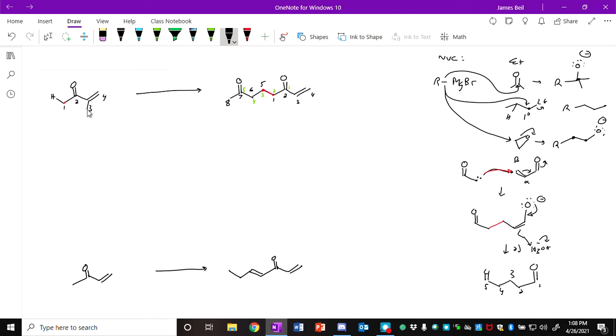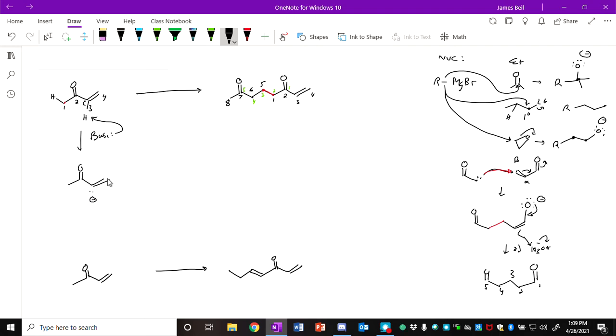So you're not going to remove an alpha proton here because if these electrons, we'll just imagine if that did occur, if some kind of base picked off this alpha proton and these electrons stay behind, that would produce this. This is not nearly as stable as an enolate because it's not stabilized by resonance. Right?